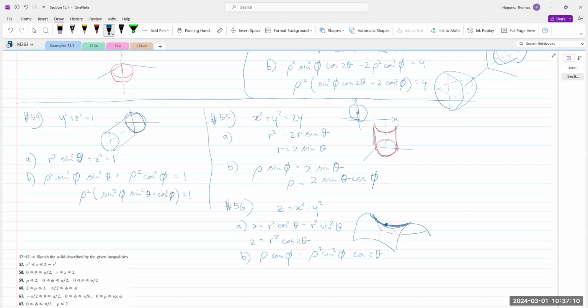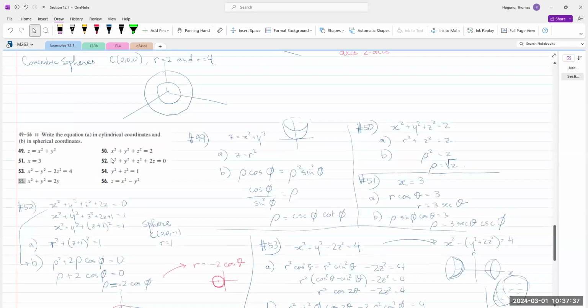If I cancel the rho, then I will get cotangent phi cosecant phi equals rho cosine 2 theta, if I solve for rho. Well, that's what we have for number 56. Will that be all? Okay, now let's go on.